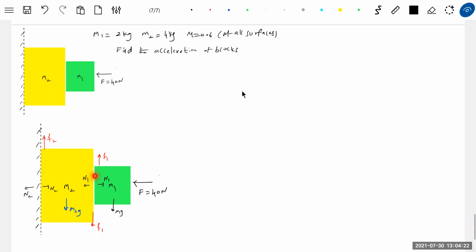Second case: no slipping, slipping. Next, they'll be slipping here and here. Third one, the other thing: slipping here, no slipping here. Next other possibility, slipping will occur. Okay, these are the four possibilities.